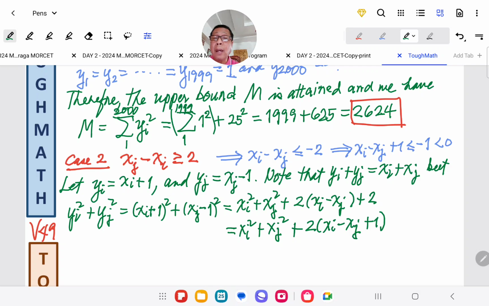Okay. However, we learned from above that this quantity here is negative. This is less than 0.